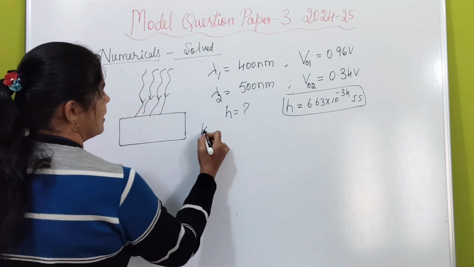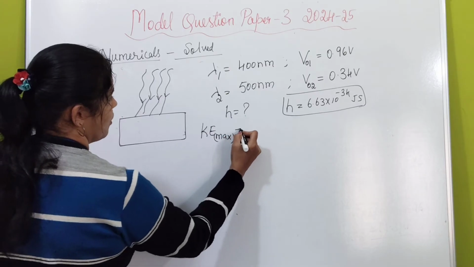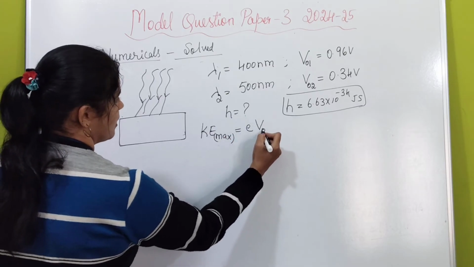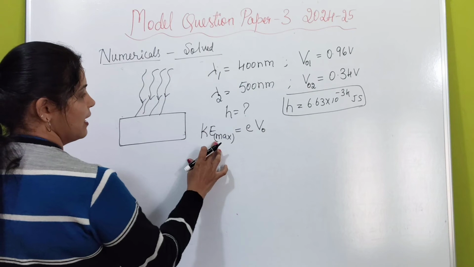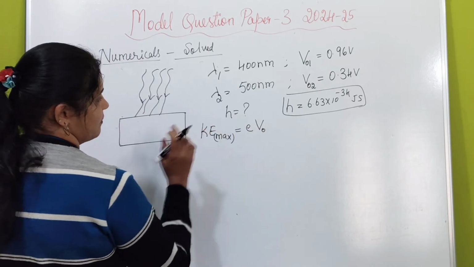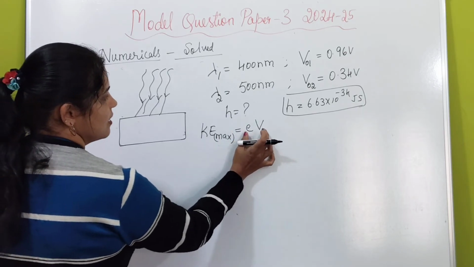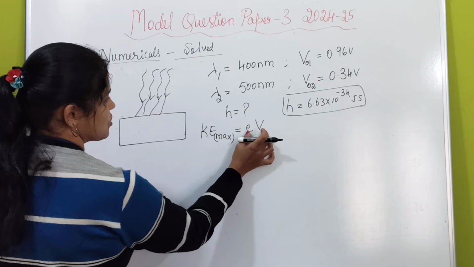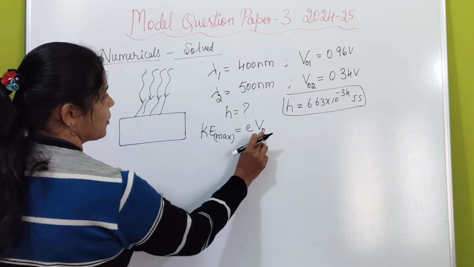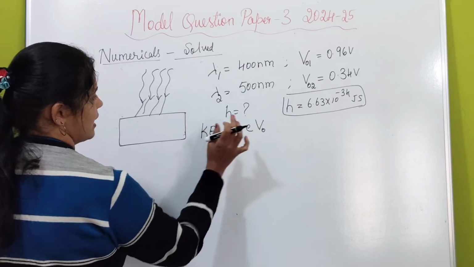First thing is the maximum kinetic energy of the electron, which is e into V0. This is the relation between the maximum kinetic energy of the electron and the stopping potential. This is nothing but maximum kinetic energy, and this is potential energy: the stopping potential, like an anode potential, into charge is nothing but potential energy.